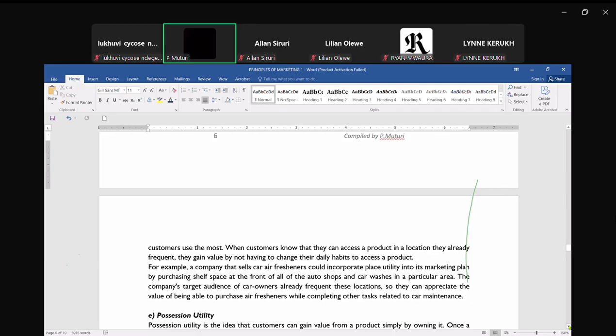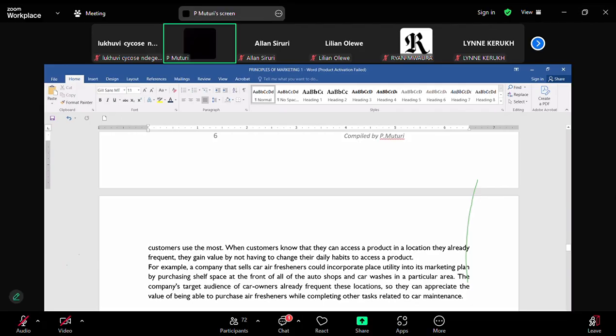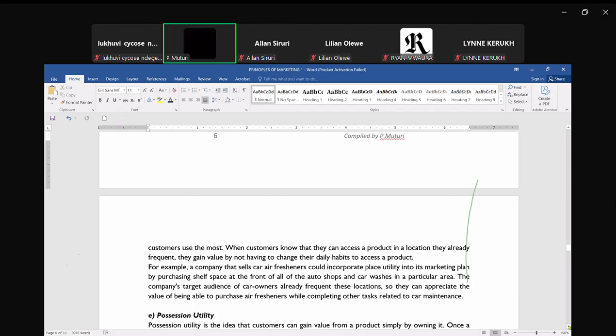And now that has brought in other innovations, like the delivery services, the Glovo, where you just order what you normally order. Then it is a headache of the supermarket to know how that product will get to you wherever you are. So creating place utility.